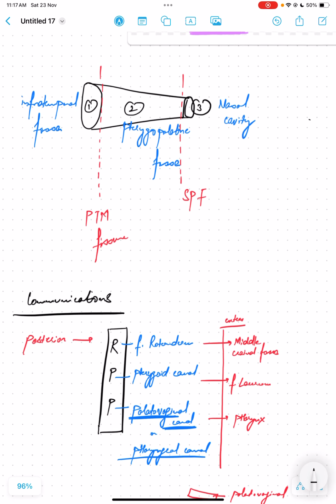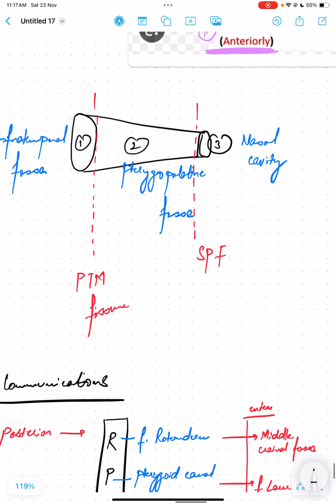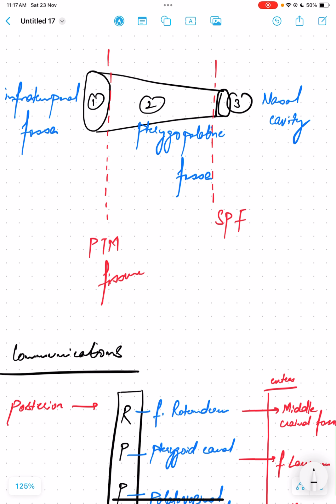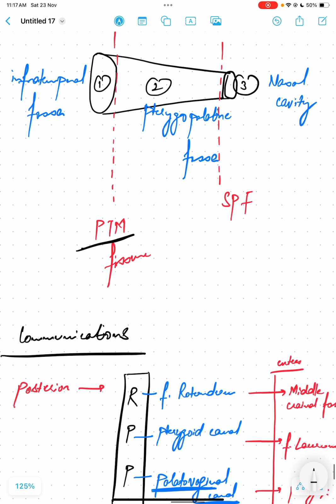For all of you, I have drawn a diagram here. You can look into this. Firstly, there is the infratemporal fossa. Then in between the infratemporal fossa and the nasal cavity, we have the pterygopalatine fossa. Between the infratemporal fossa and the pterygopalatine fossa, I have marked the PTM fissure.